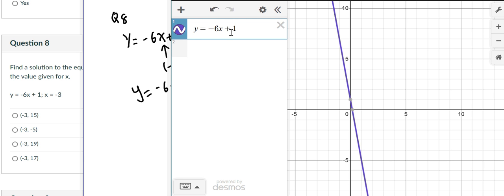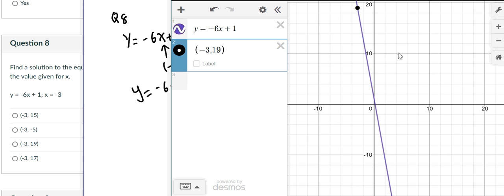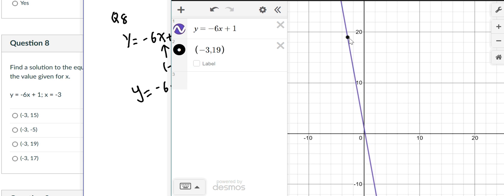And then you may check the third pair, which is -3 and then 19. 19 you cannot see here, but you can zoom out. You see it right here. -3, 19. That's the one. So this point is indeed on the line. So that will be our solution, the third pair.